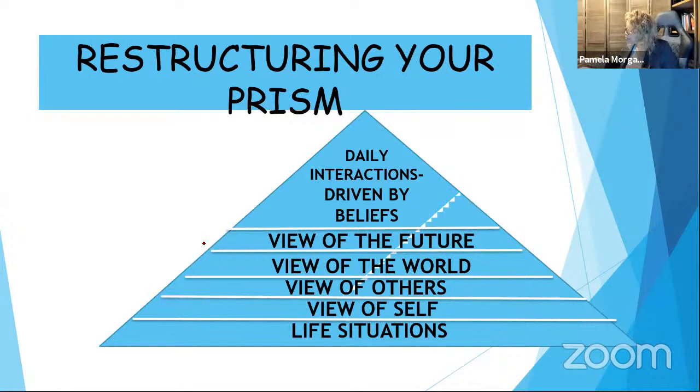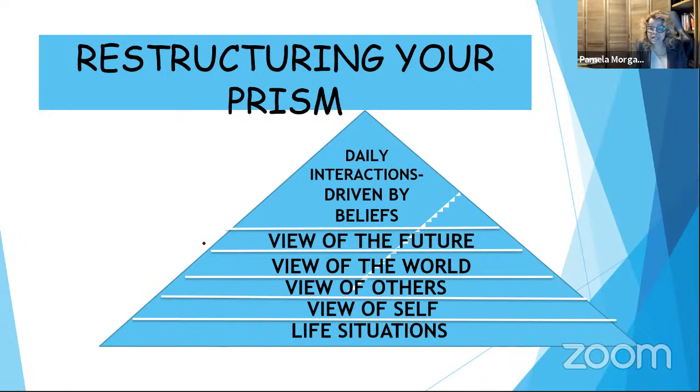So in looking at our prism, as we move along the continuum, and we look at the restructuring of our prism so that we can become more culturally competent, we want to look at life situations, those life situations that have constructed our prism, that have given us the picture through which we see life.